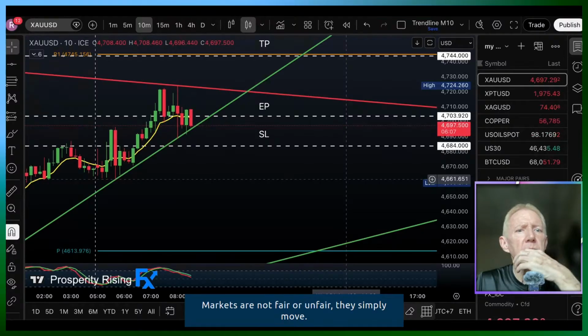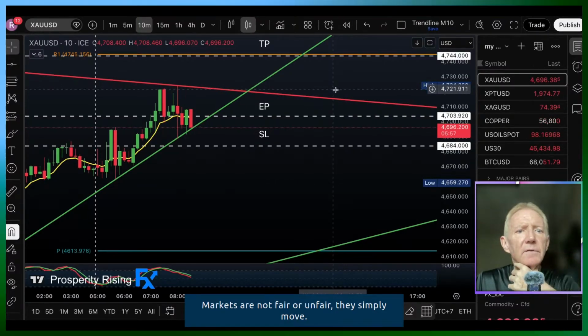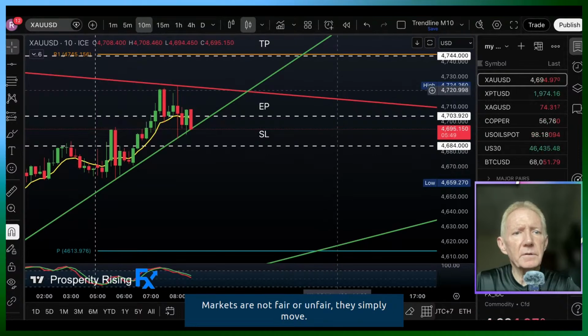46.96. And already starting the second half hour here. Well, that's a big bearish engulfing 10-minute candle there, eh?